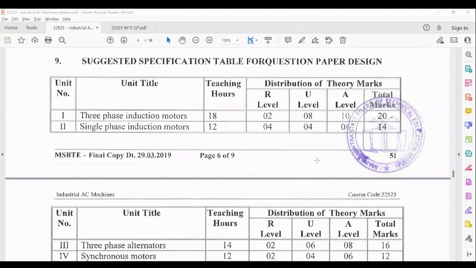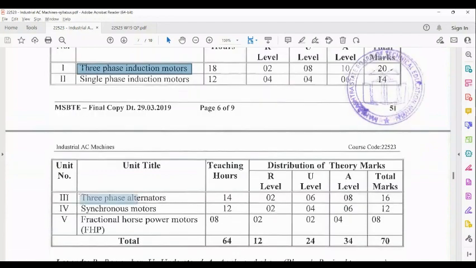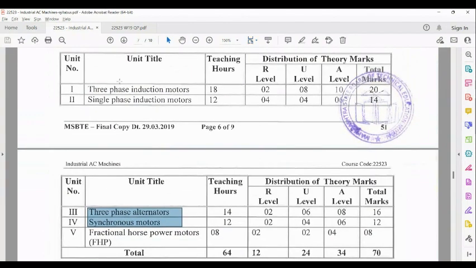Now in this subject, on 3 units, that is unit number 1, unit number 3 and unit number 4, there will be numericals. Okay, so let us analyze the syllabus.